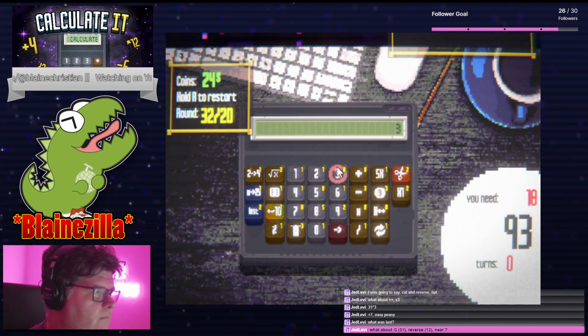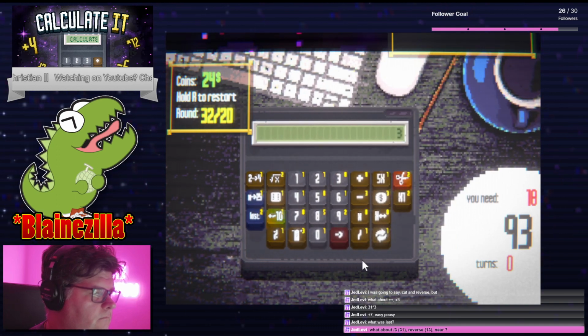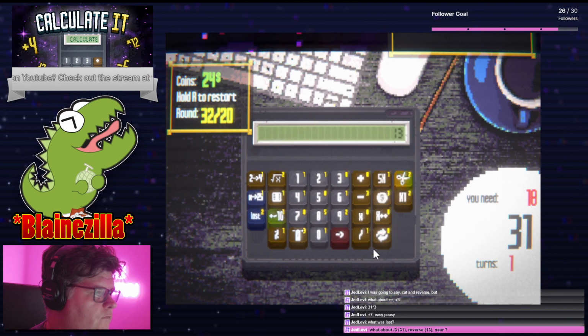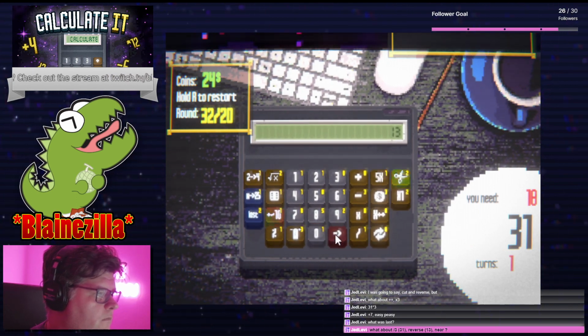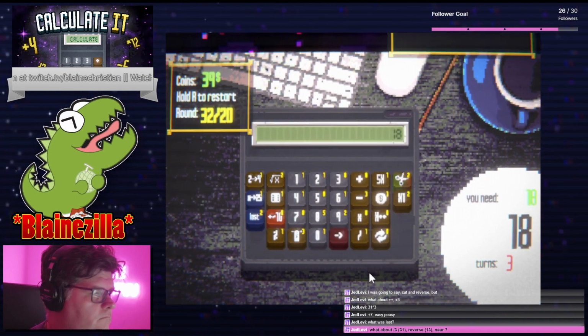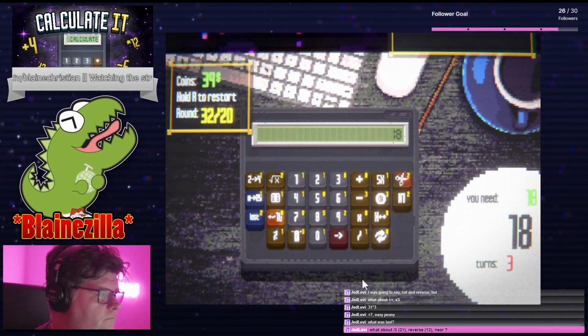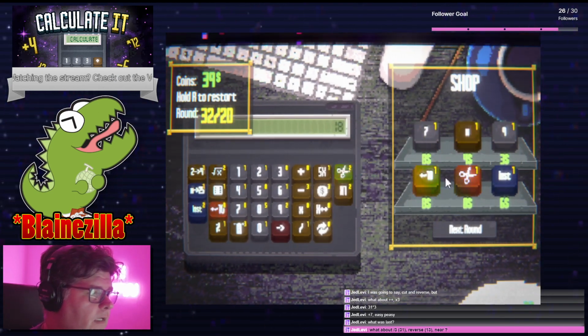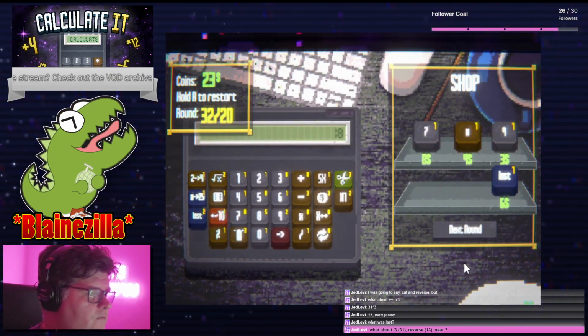Divide by 3. Reverse. Near. Okay. Near. Cut. Those are so powerful.